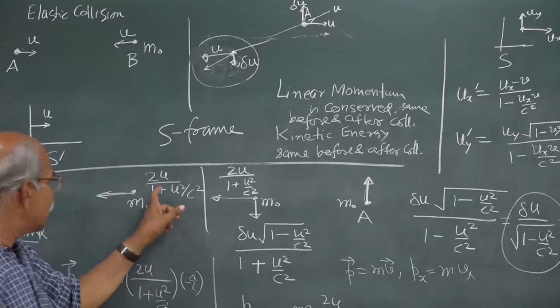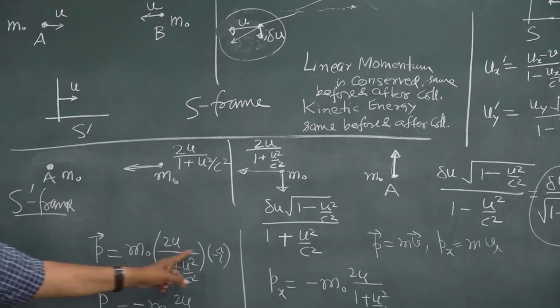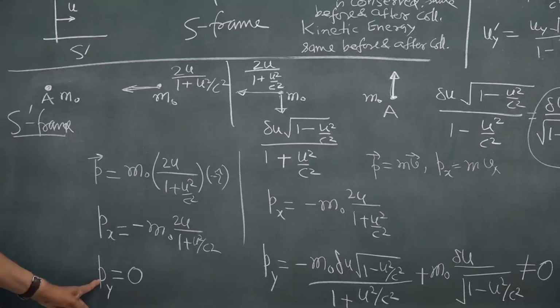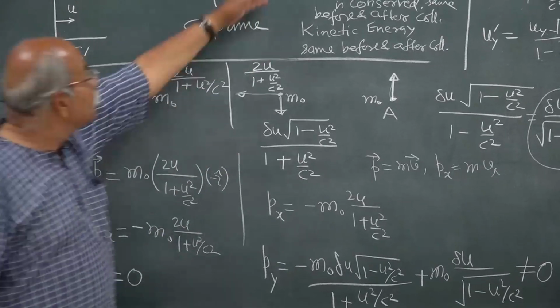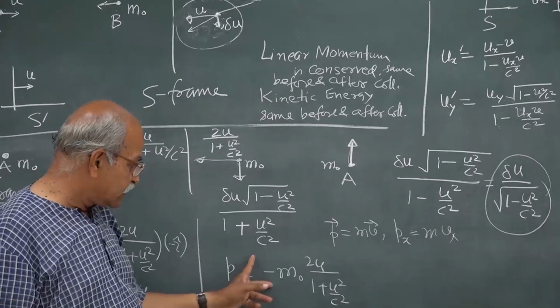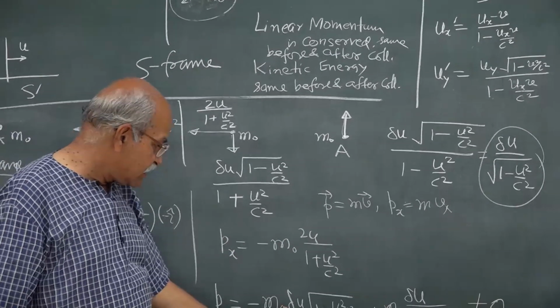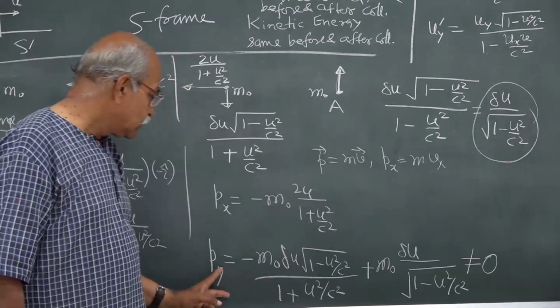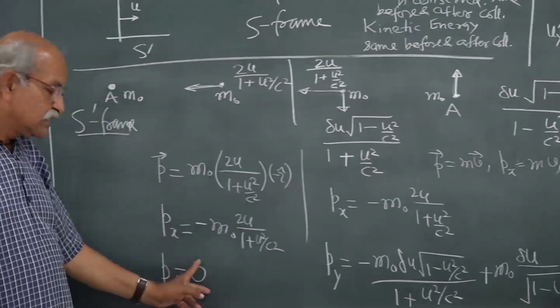From here we have done all these transformation equations, we have written px and py before the collision, and then we made the transformation, and we find that this is not 0, this was 0.